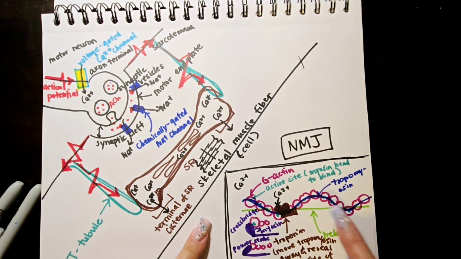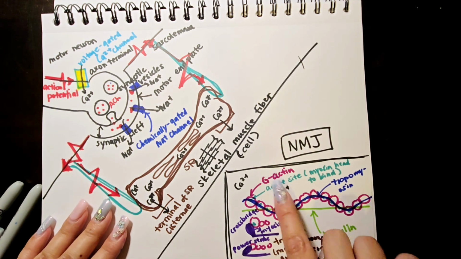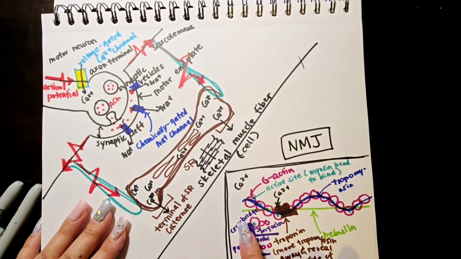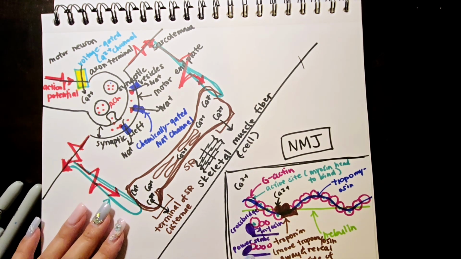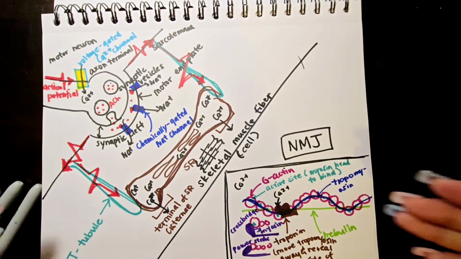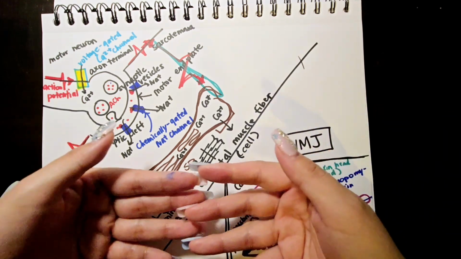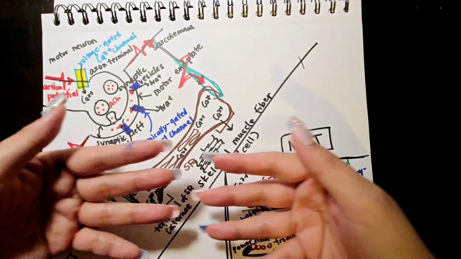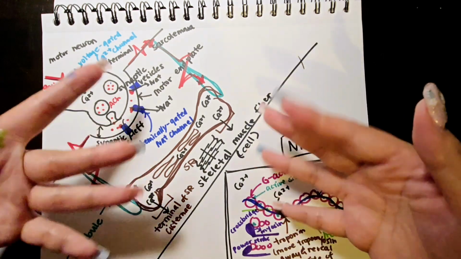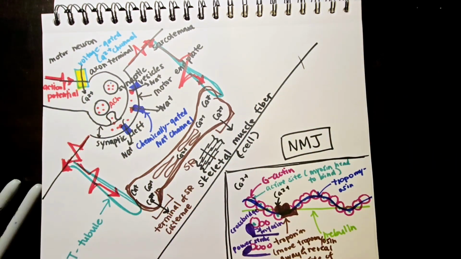Troponin moves tropomyosin out of the way to reveal the active site on the g-actin, allowing the myosin head to bind, forming a cross bridge, and then it will automatically form a power stroke, which pulls the actin inwards to form a muscle contraction, kind of like this motion. I usually use my fingers to illustrate that: if this is the actin, they're coming in like this in a muscle contraction.